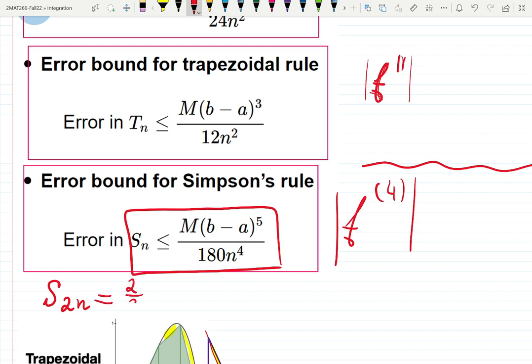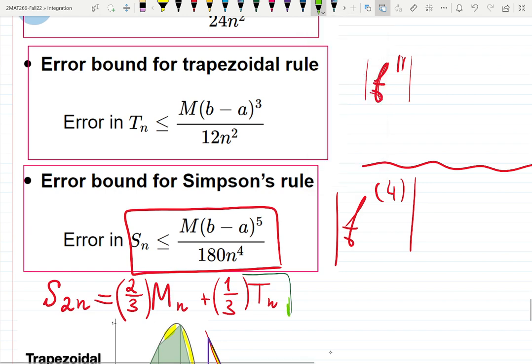Equals 2/3 M sub n plus 1/3 T sub n. And again, you can check the derivation. How is it possible? But very interesting that there is a connection. There's a connection between these two methods and Simpson's rule. So all three are connected. Basically, Simpson's rule may be obtained from the midpoint and trapezoidal rules by using a weighted average.